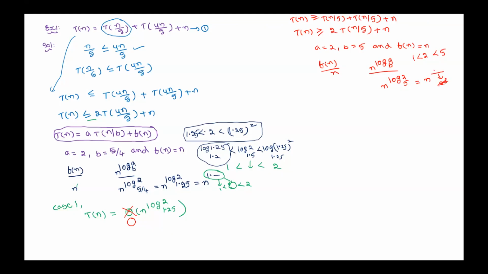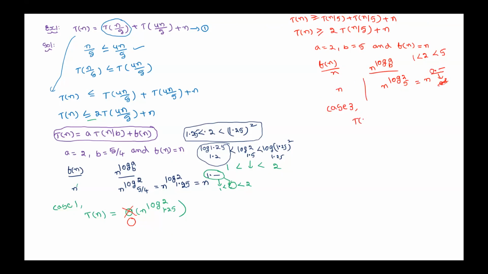Whatever we get here, it is between 0 and 1. That means 0 point something. Is that correct? Now it is n. Now easily we can say which case is applicable? Case 3.